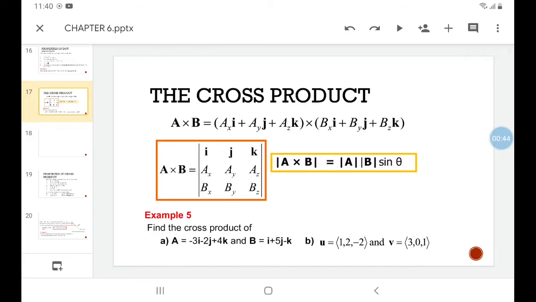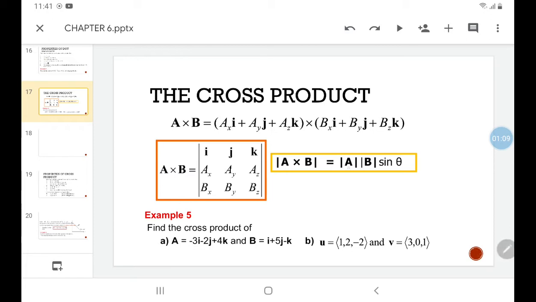Okay, so now the cross product. The result of the cross product is a vector which has a magnitude and direction, unlike the dot product, which produces only a scalar value with magnitude and no direction.